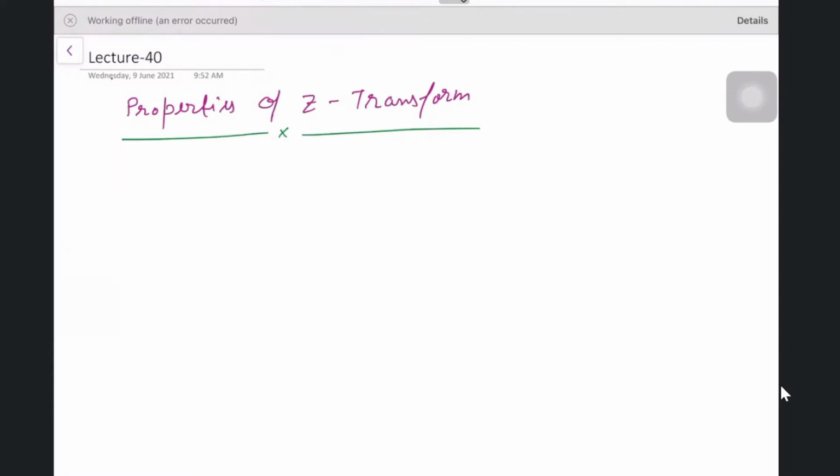Okay, so let's start with the important property, initial value theorem.